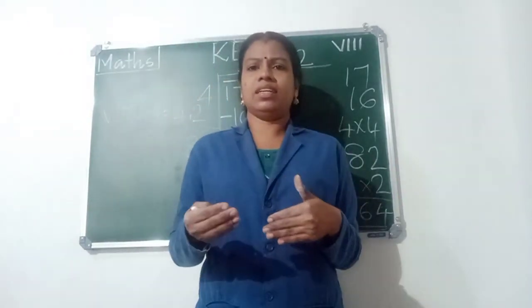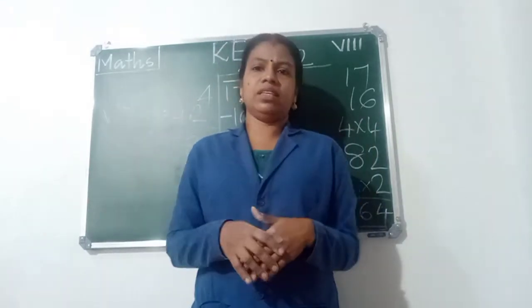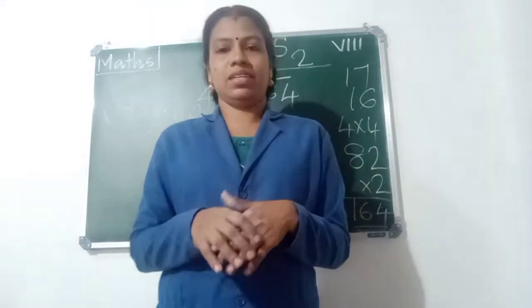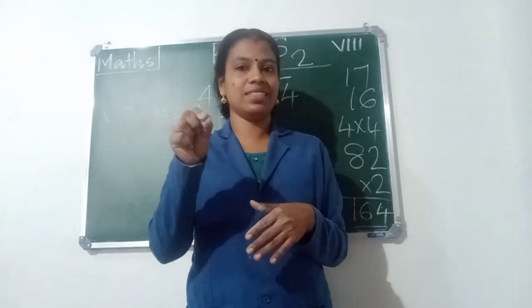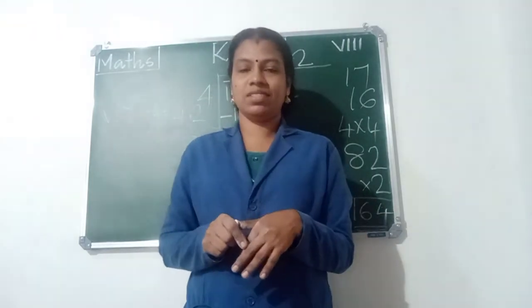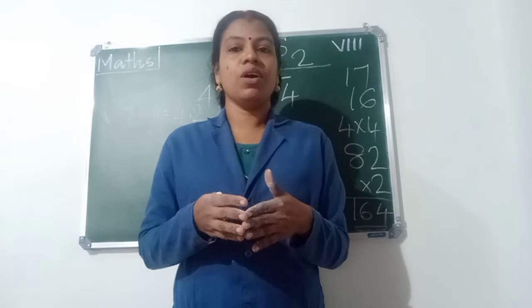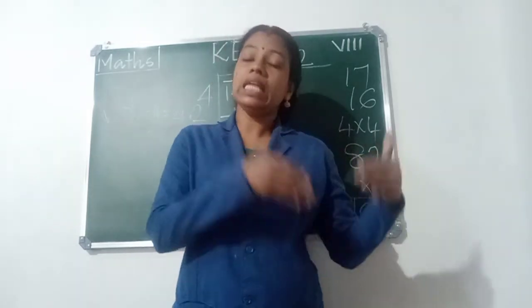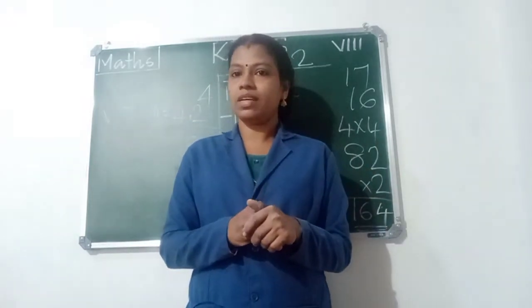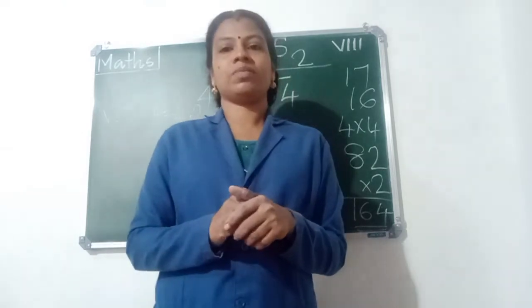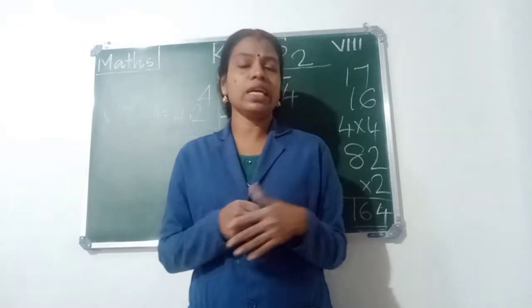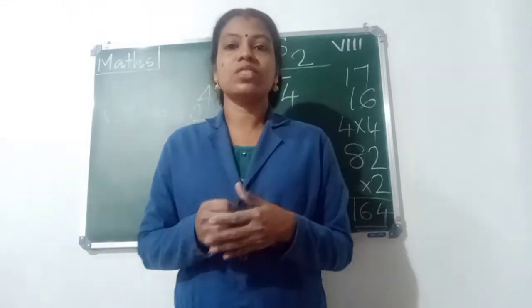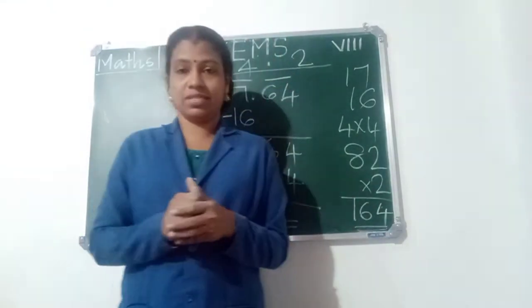The same method, the same long division method. We followed the same method. Just to change that there is a decimal point in the number. So, we can put a decimal point in the quotient also. Clear?